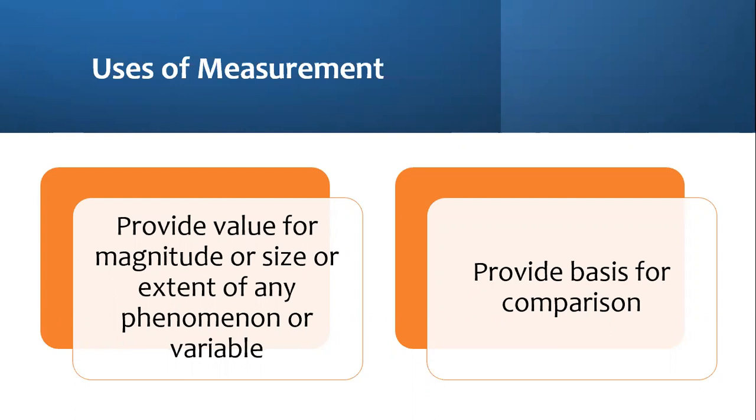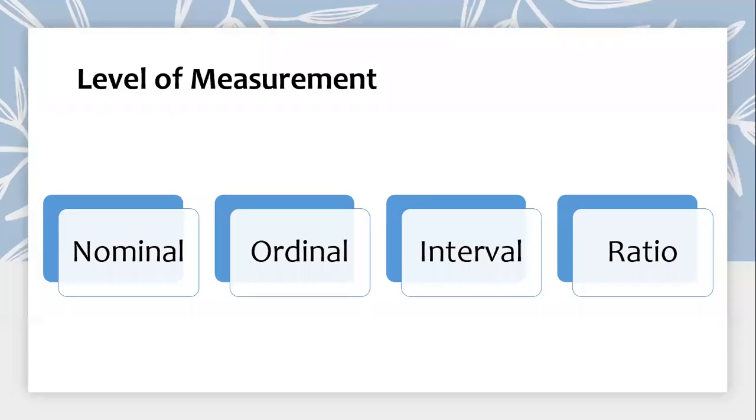And in statistics, we have 4 levels of measurement, each higher than the other. So we have nominal, which is the first and the lowest level of measurement. We have the ordinal, we have the interval, and then we have ratio. Excellent. So we're going to be taking it one after the other.